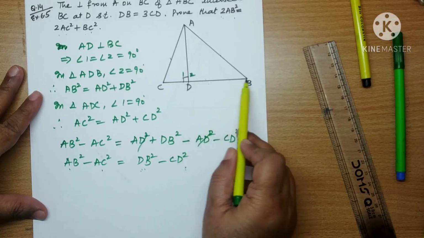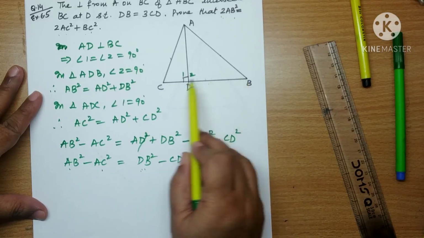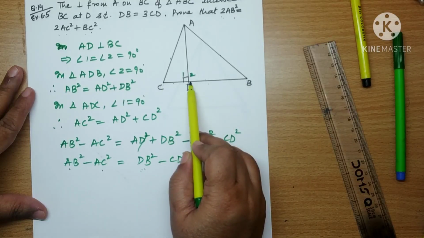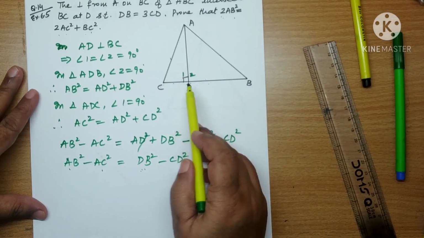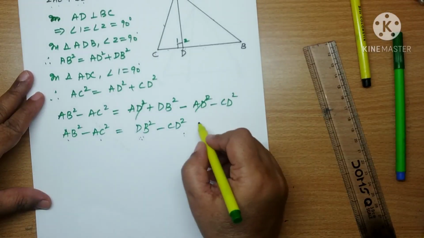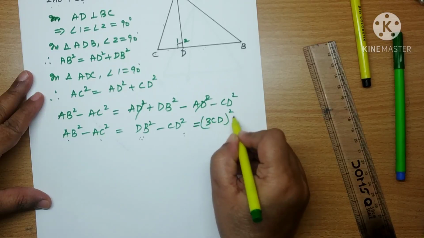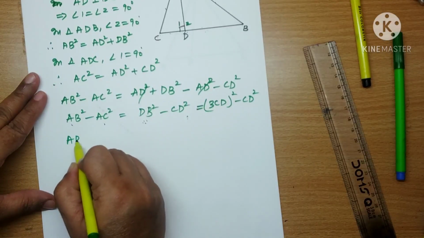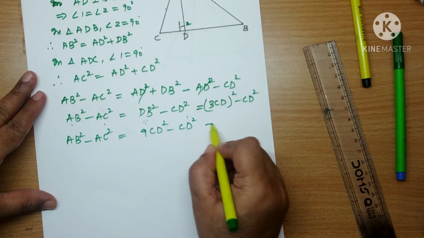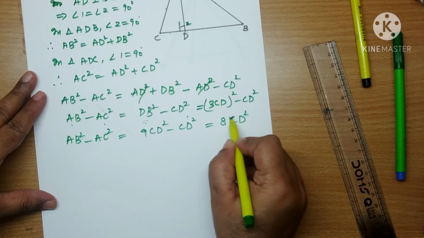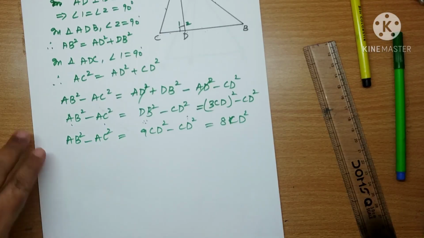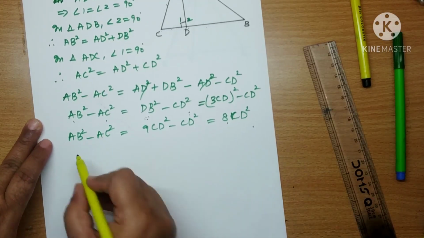DB is BC minus CD. Or if we want to use it right now, DB is 3CD. Let us write down: 9CD square minus CD square. So AB square minus AC square, we get 9CD square minus CD square, which is 8CD square, children. So we got a relation that AB square minus AC square is 8CD square.